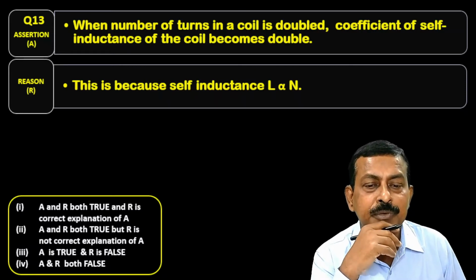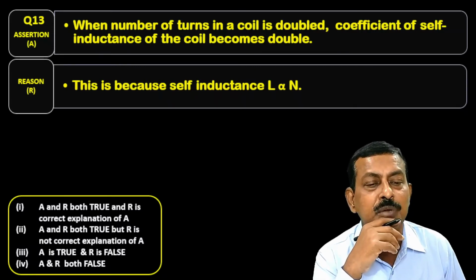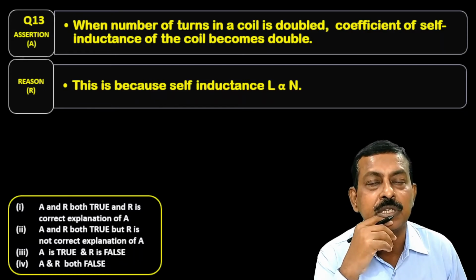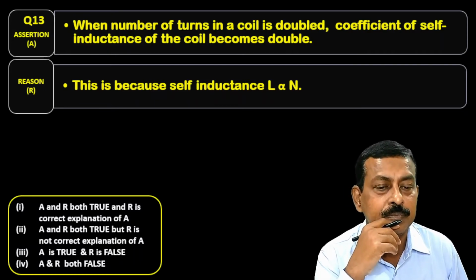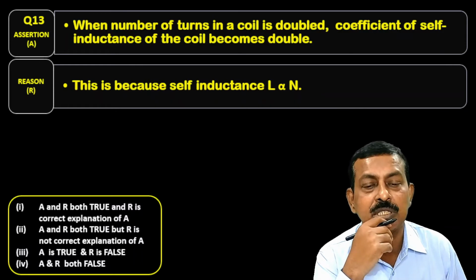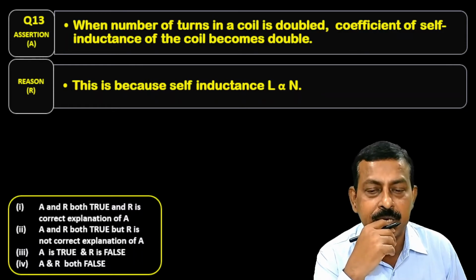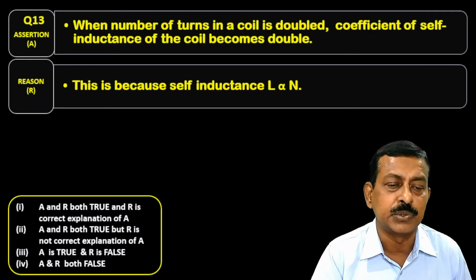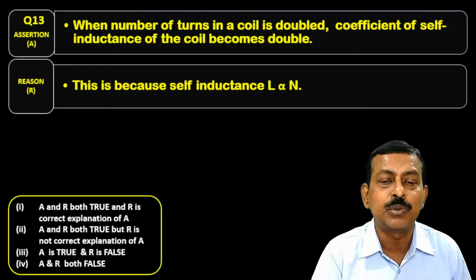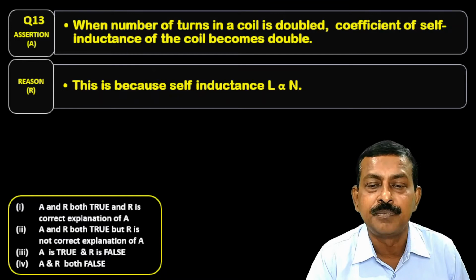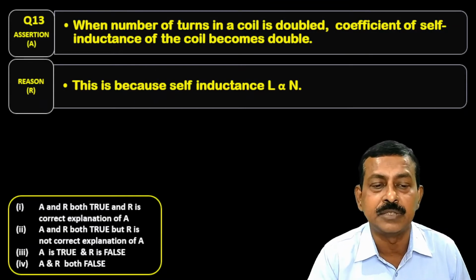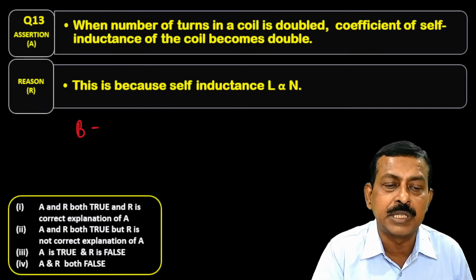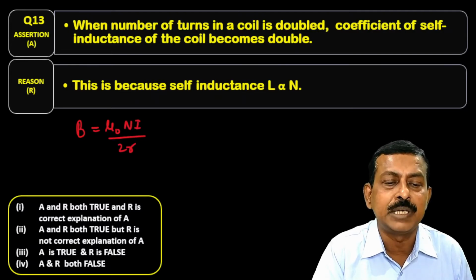When the number of turns of a coil is doubled, the coefficient of self-inductance of the coil becomes double. And the reason is given: this is because self-inductance L is directly proportional to N, where N is the number of turns. So here, you consider a particular coil, because you are taking self-inductance, the magnetic field linked with that one is given as mu naught N i by 2R if I take it at the center.